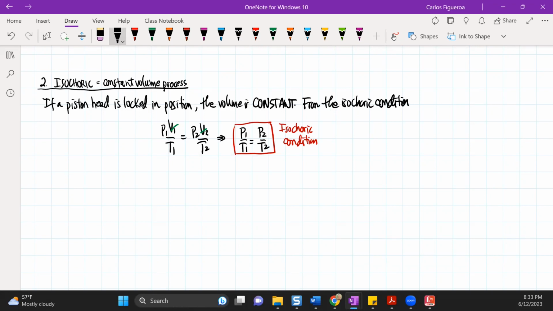So what this tells us here is that this condition forces the pressure-temperature ratio to remain the same, regardless of what happens.